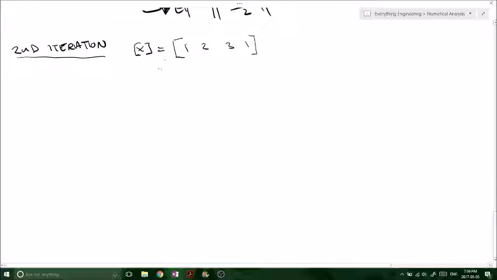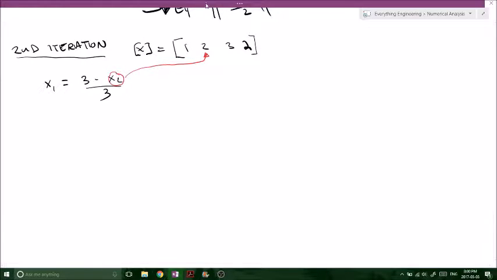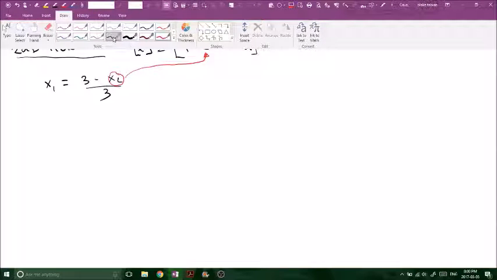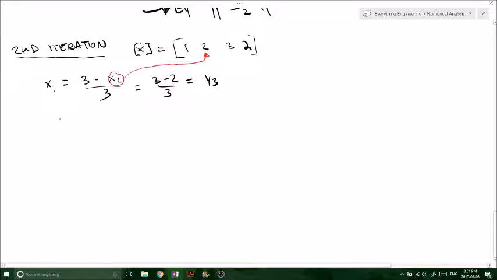Now remember, our x is now 1, 2, 3, 2, because we just solved for those values using our first iteration. For our second iteration, we're doing the exact same thing with the same equations. So our x1 is still 3 minus x2 over 3, because that's what we solved for from our system of equations. But now our x2 is our new estimated value, so this is 1/3.